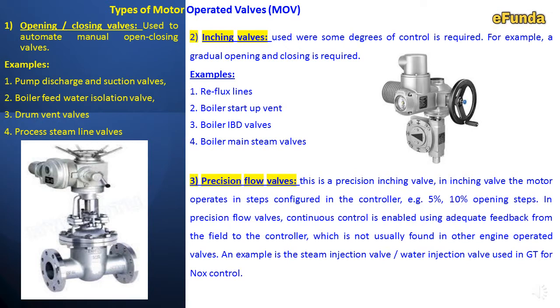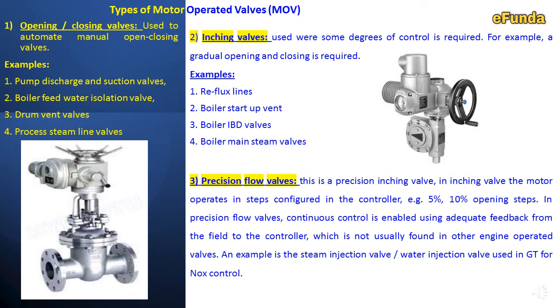Precision flow valve is a precision inching valve. In an inching valve, the motor operates in steps configured in the controller. Example may be 5%, 10% opening steps. In precision flow valves, continuous control is enabled using adequate feedback from the field to the controller, which is not usually found in other motor operated valves.